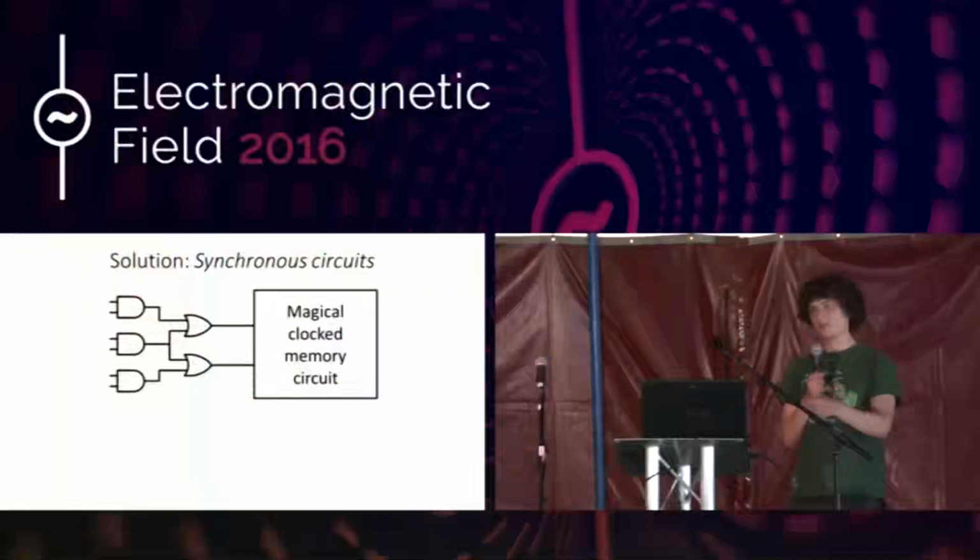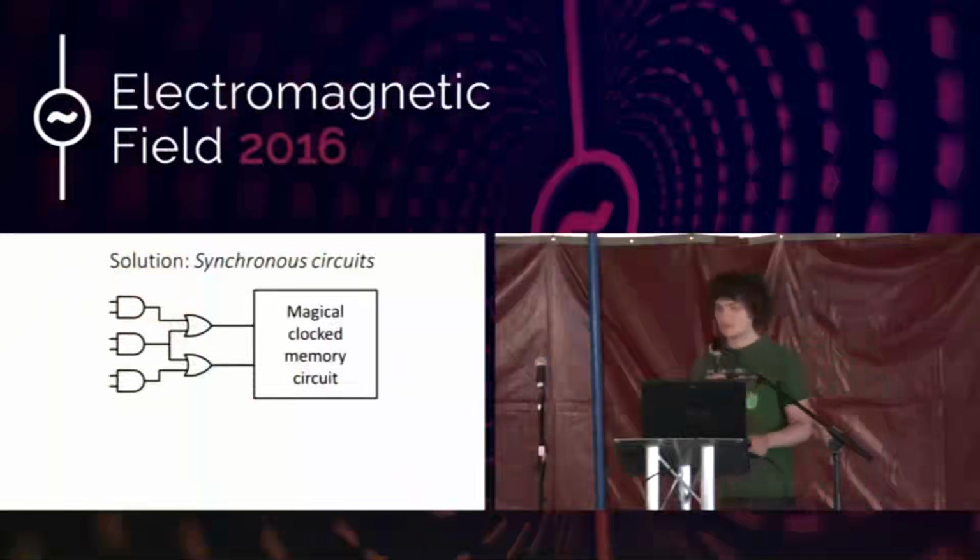Well, some very clever people came up with the idea of synchronous circuits. So what we do is we take our logical gates, and then after that we put a magical clock memory circuit. What this does is the memory circuit listens to a special signal that we call the clock. And only when that clock says, okay, now you should copy what's on your input and remember it, then it will do so.